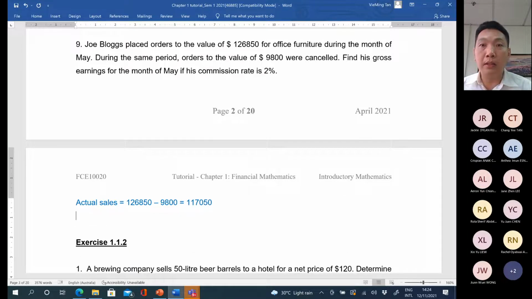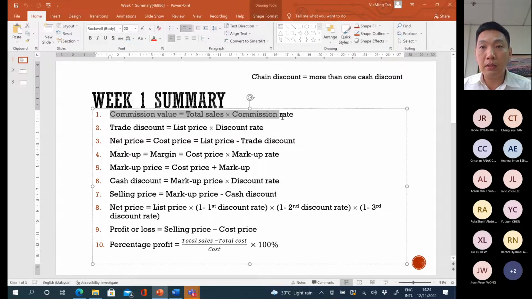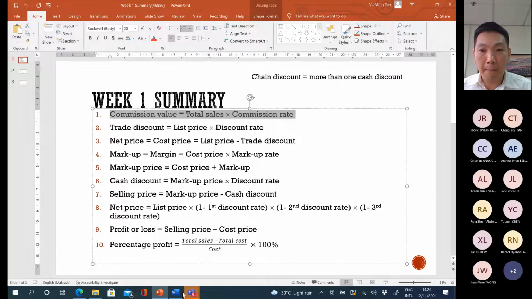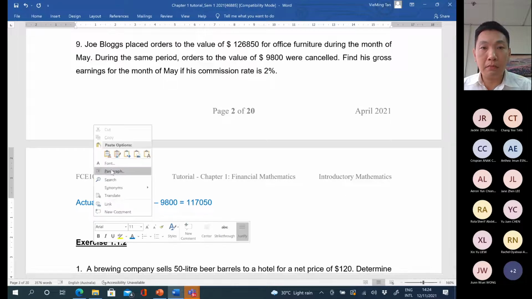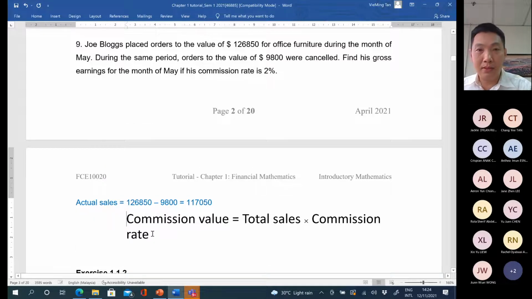Now we can calculate the commission using what formula? Using this formula that you already learned: commission value equals total sales multiplied by commission rate. So we copy this formula and paste it here.